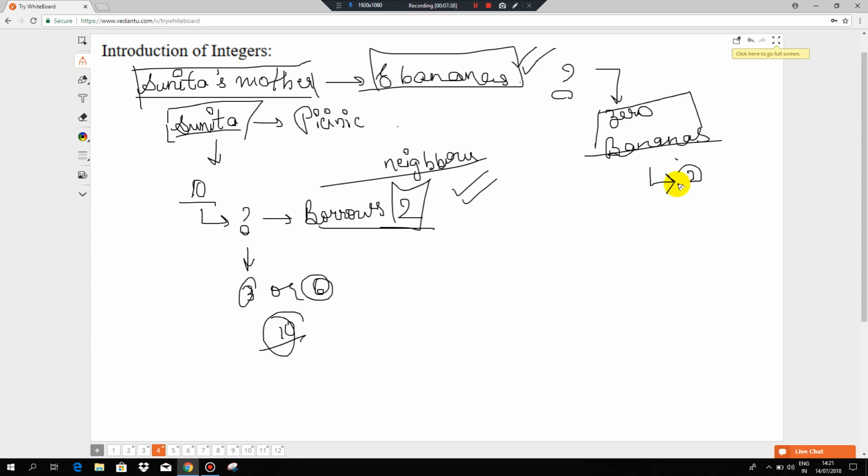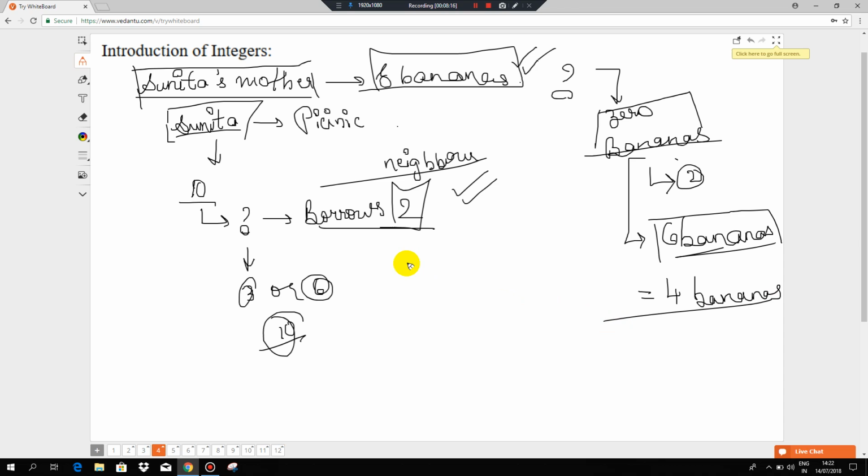So she decided to get 6 bananas, and she had to give 2 bananas from them. So 4 bananas will be left with her mother, right?